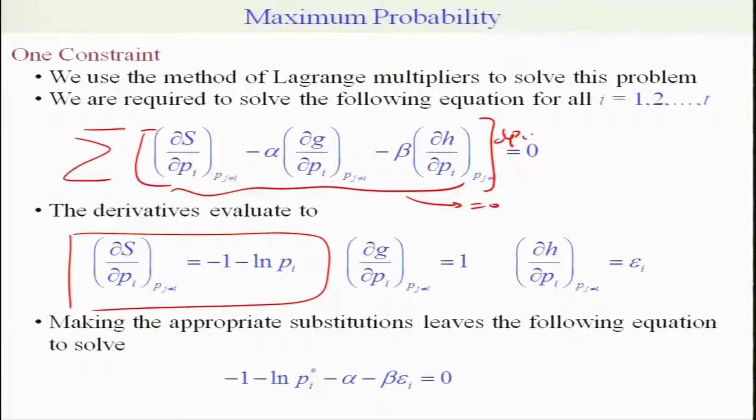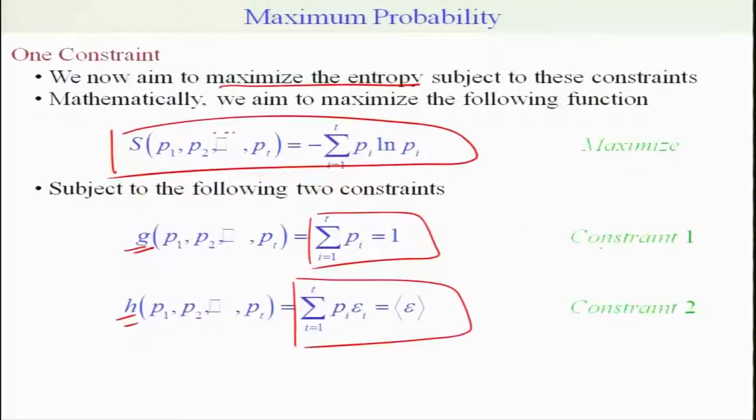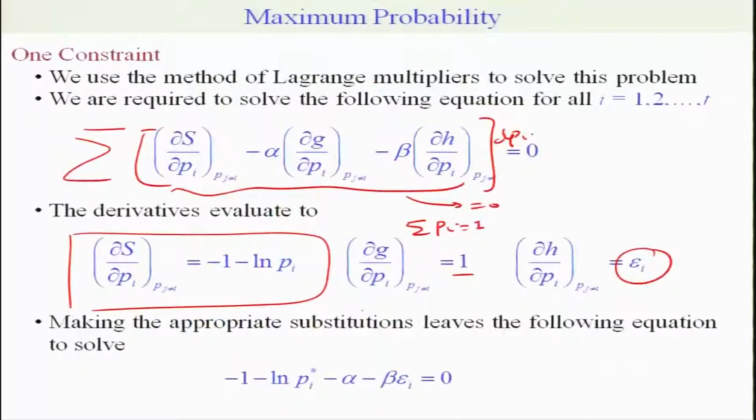What about G? This is going to be 1 because this is summation pi equal to 1. And what about H? This will be simply epsilon I. If you take a derivative of this expression with respect to pi, it is going to be only epsilon I. So we plug in these expressions and we get this expression. This is due to the first term, this is the second term, and this is the third term.